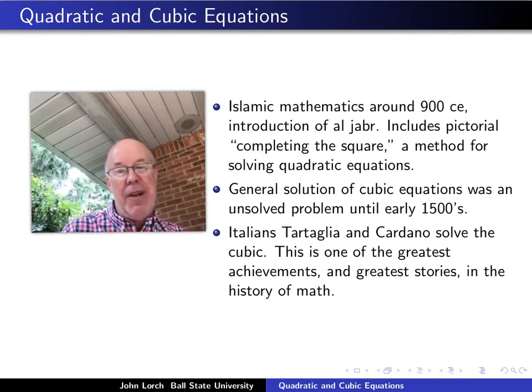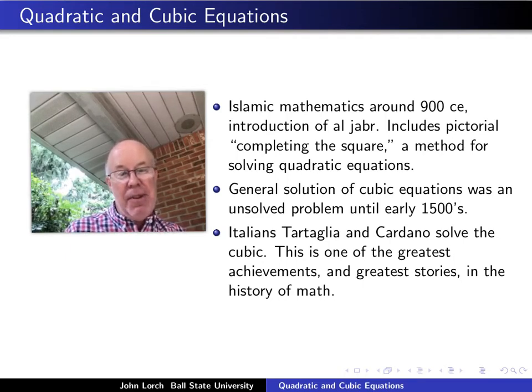Now, for cubic equations, the water is a lot muddier, right? The ancients didn't know that much about solving cubic equations. There were certain instances of cubic equations that could be solved and analyzed in depth. In fact, Fibonacci, he of the rabbits, who lived about 1200 CE, made a very careful analysis of a particular cubic equation.